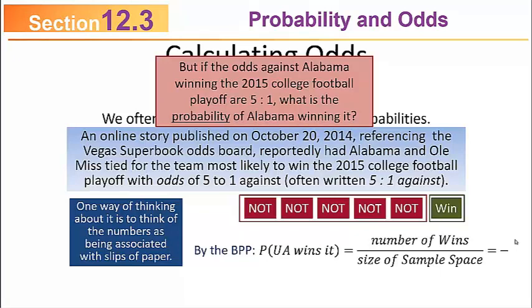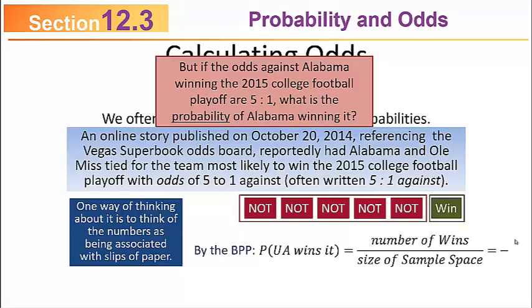By the basic probability principle, the probability that UA wins the 2015 college football playoff would be the number of slips up there that say win over the total number of slips up there. In other words, I've got 5 slips that say not win versus 1 slip that says Alabama does win.